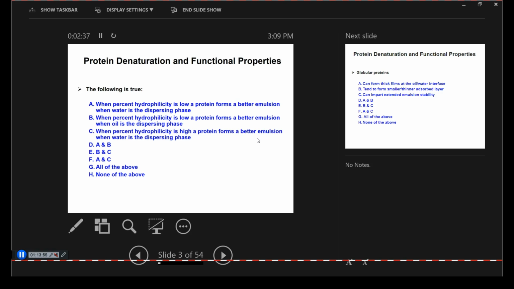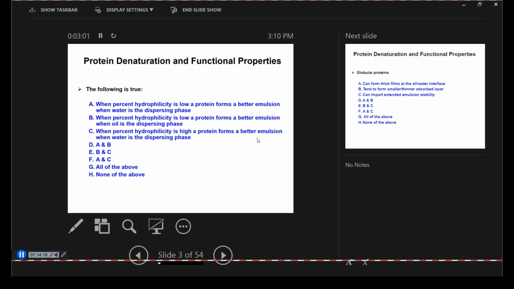So you want to have a little higher surface hydrophilicity of the protein to interact more with the water because you have more water and less oil. Okay? So B would be a more correct answer in this case.